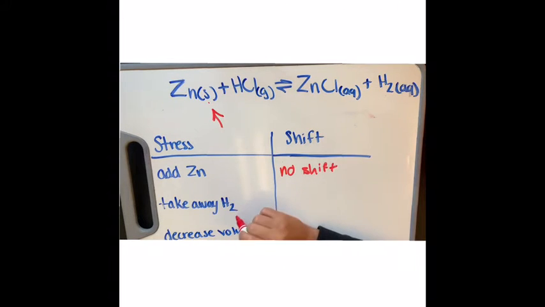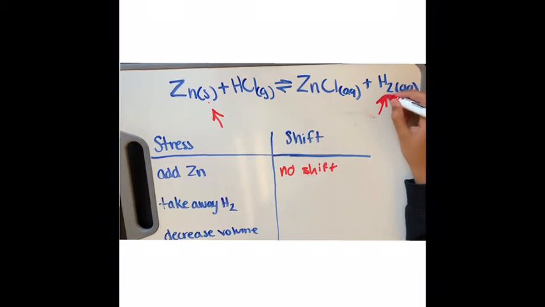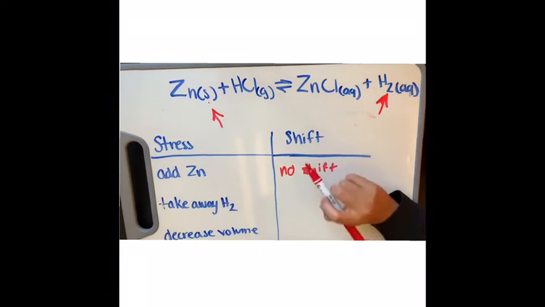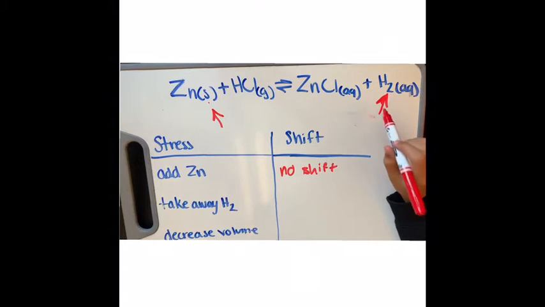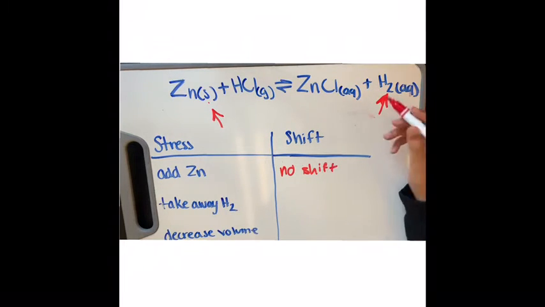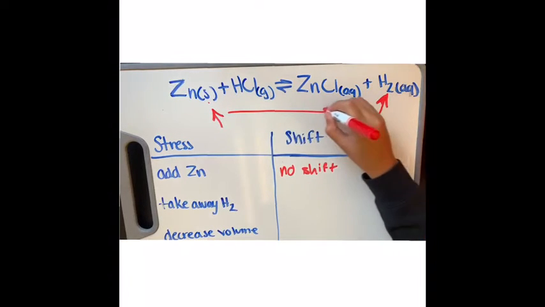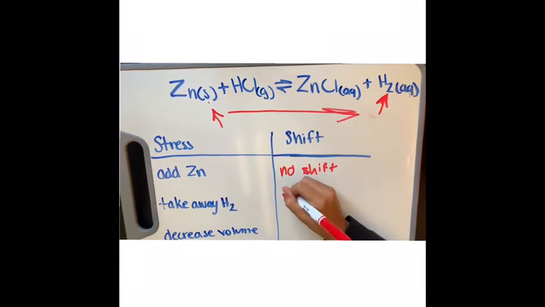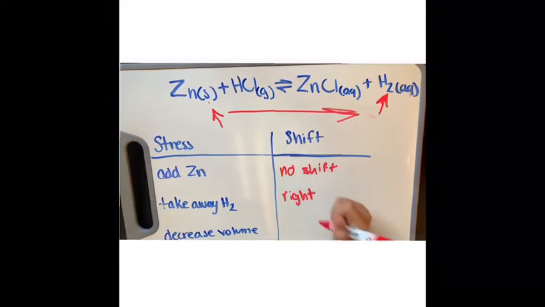If we take away H2, we know that if you take away from one side, equilibrium shifts to the same side. So that means equilibrium will shift to the right.